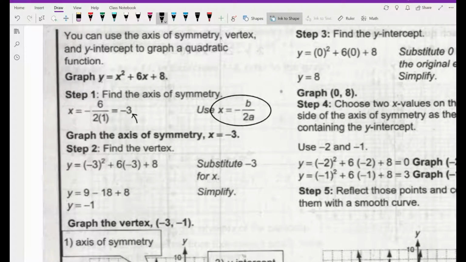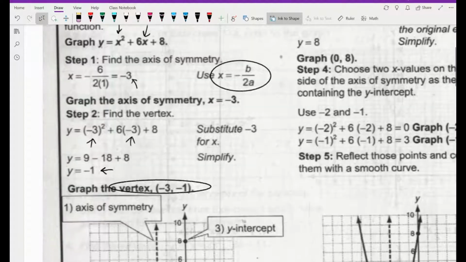They then plugged the negative 3 back in to wherever the x was in the original function. And we can see the work right here. And they got a y value of negative 1. So the vertex is negative 3, negative 1.